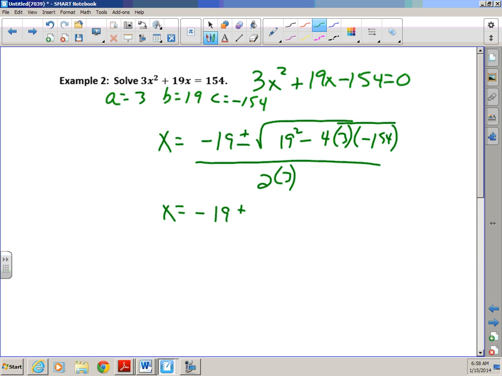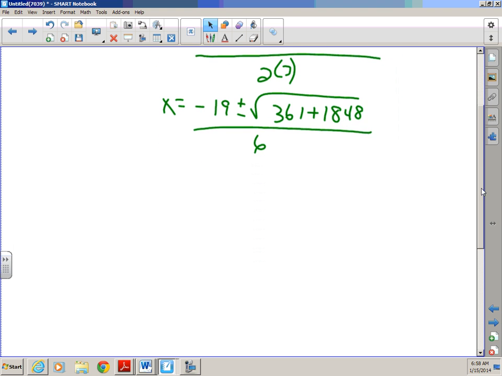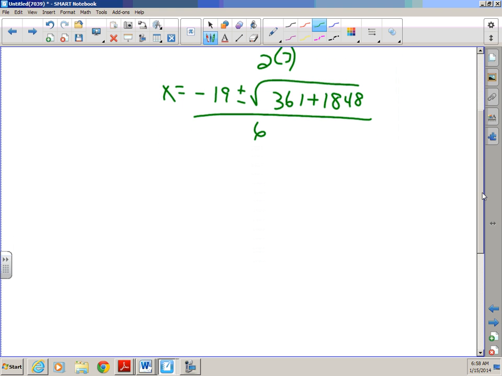Negative 19 plus or minus the square root of 361 plus 1848, divided by 6. And here we go. So x equals negative 19 plus or minus the square root of 2209 divided by 6.